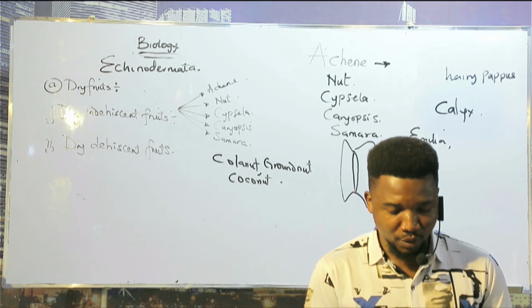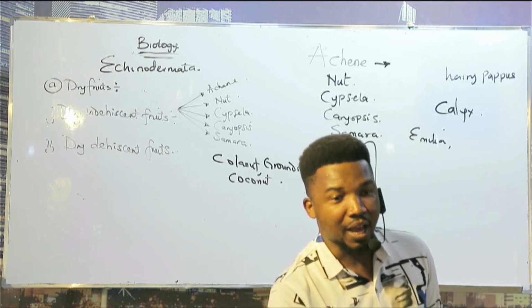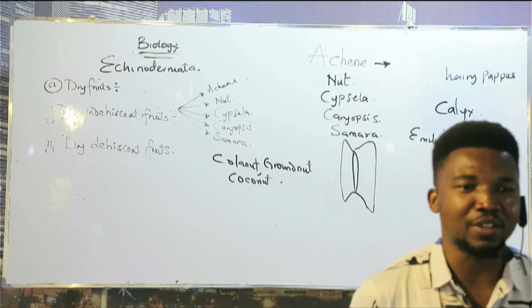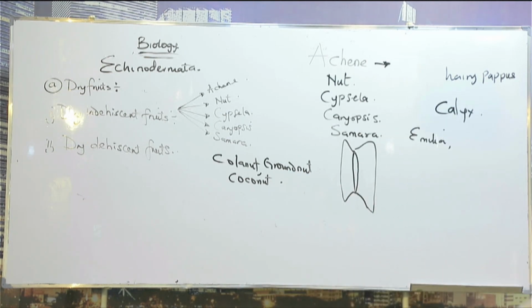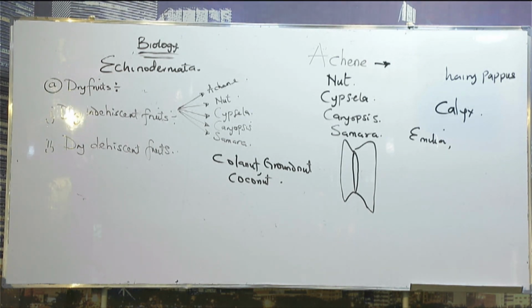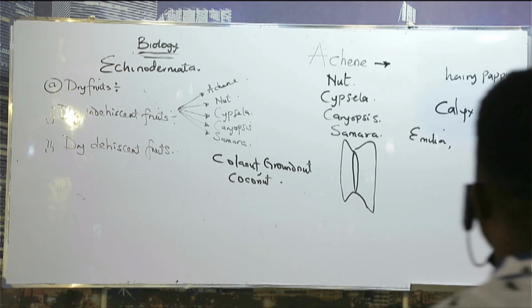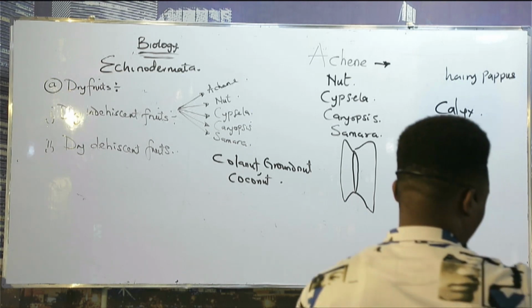I think ecology will be the next after fruits. After fruits, we enter ecology. Then we start talking about movement, tropism, nastic movement, and the rest. We need to discuss that. So I'll be entering awkward topics. I will not do the ones you like.